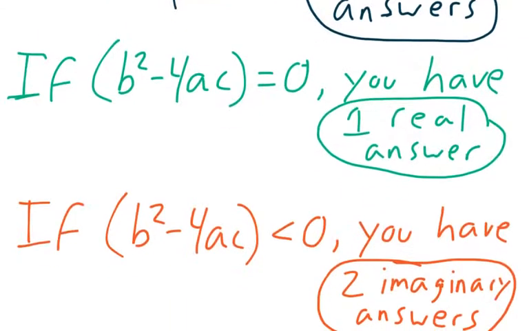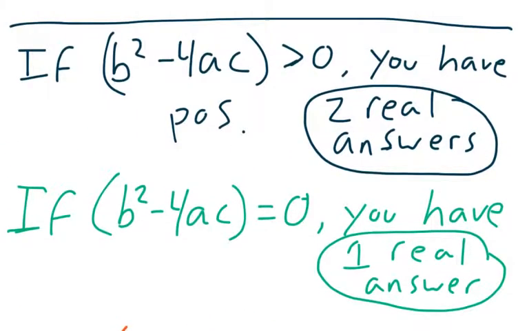Finally, if this part is negative, less than 0, then you have two imaginary answers, which should make sense because if you square root a negative number, it's an imaginary number. So let me show you an example of each of these in action.